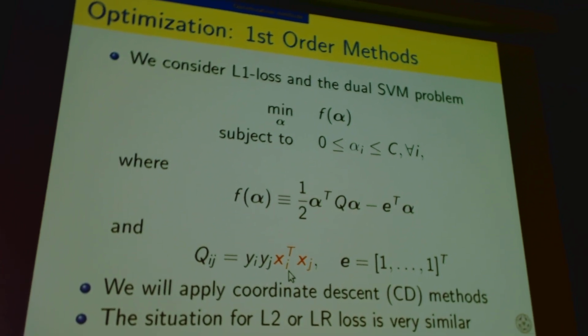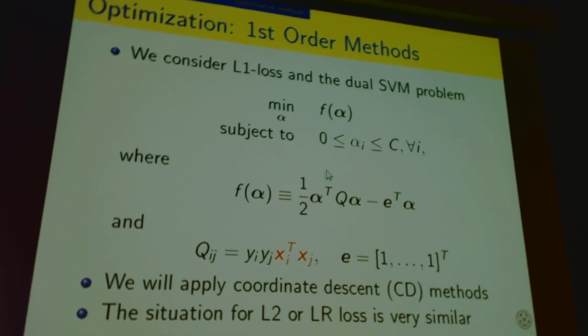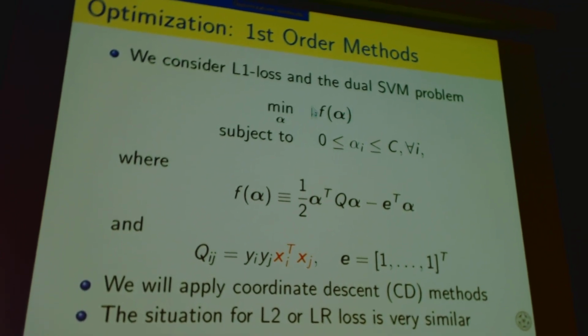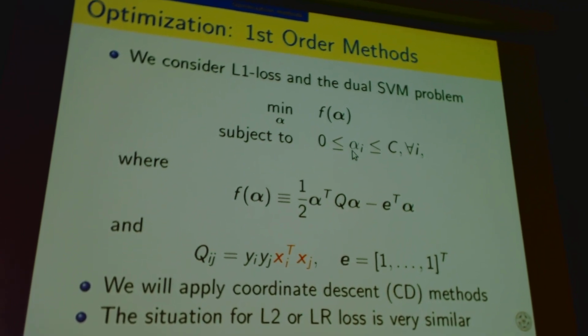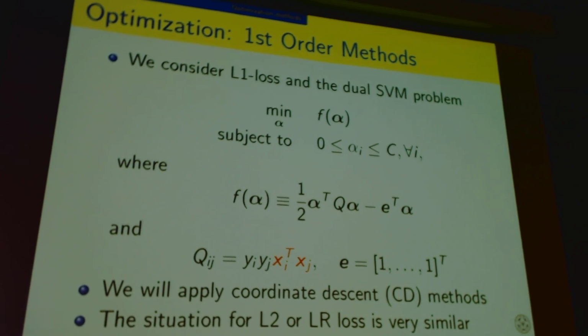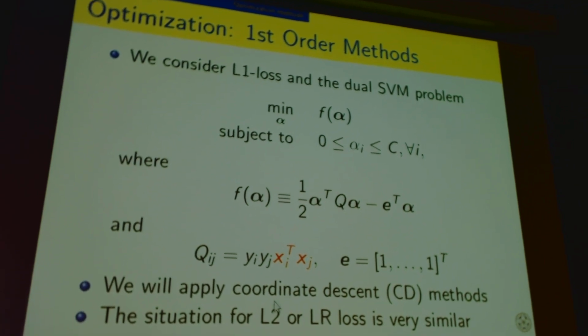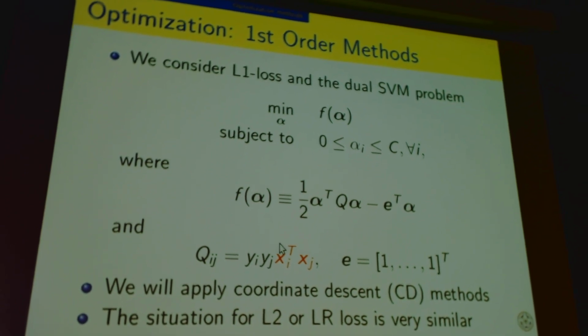But let's not worry about how this dual optimization problem is obtained. We basically have a quadratic function of alpha, and each alpha i is in a bounded region between 0 and C. That's the so-called bounded constraints. Now we plan to use a first-order method, which is called the coordinate descent method.